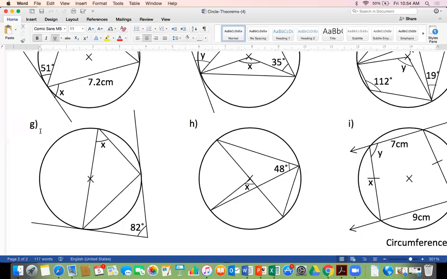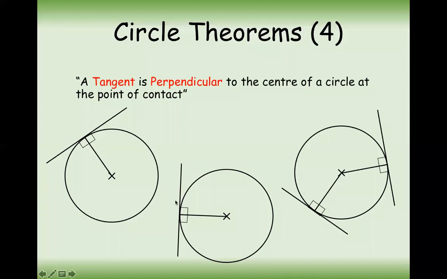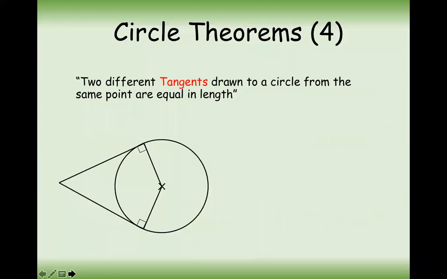Okay, so for G, I have two tangents here, this one and this one. If you remember the circle theorem, when I have two tangents like this, they will have the same value. If the line goes to the center, it will be 90 degrees.